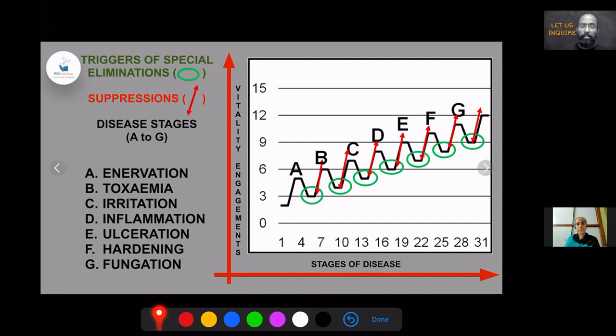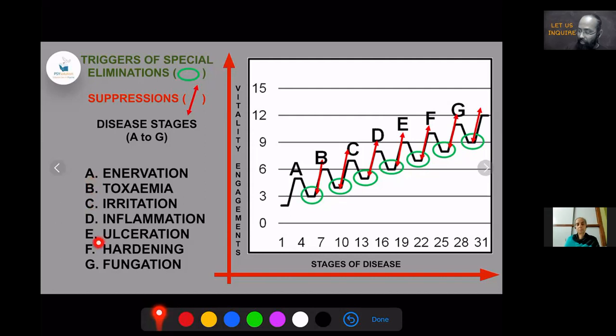How much energy is engaged, and we all have limited energy. So with that limited energy, when it is getting engaged more and more, that could be leading us to different chronification of disease. So let's try and understand. The y-axis is the vitality engagement and the x-axis is the stages of disease.